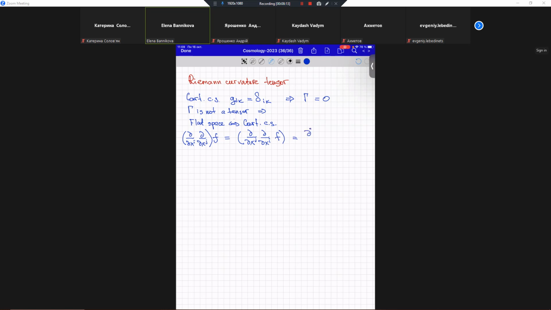So we can write d²f over dx^i dx^j. Or if we take into account our notation, when we use a comma as an indication of a partial derivative, we can write that f,ij, sorry, we will use j, equals f,ji.